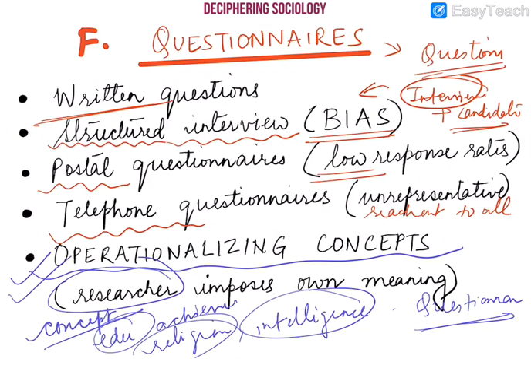So this concept is known as operationalizing concept. That means turning concepts into questions. I am taking concepts like education, religion and intelligence and turning them into questions, which is known as operationalizing. Now what is the problem here?